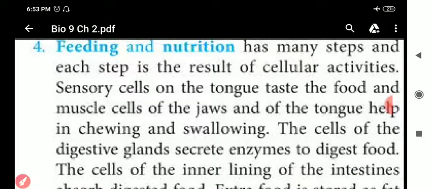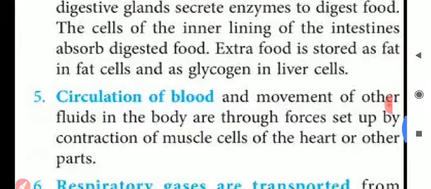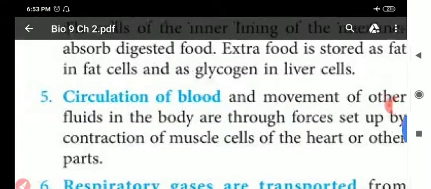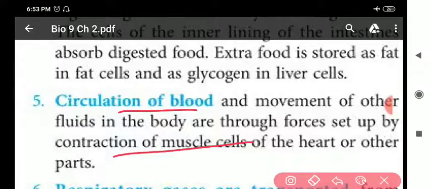So, for feeding and nutrition also the cells are required. Next, circulation of blood. For circulation of blood, the muscle cells of the heart play an important role, through contraction of muscle cells of the heart.